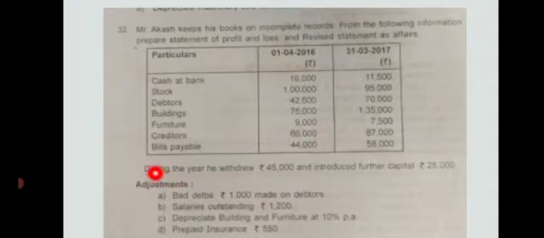So let us see the adjustments. During the year, he withdrew rupees 45,000 and introduced further capital of rupees 25,000. So his drawings amount to rupees 45,000 and his additional capital is 25,000. We will see the adjustments one by one.